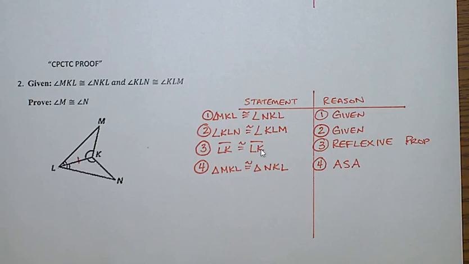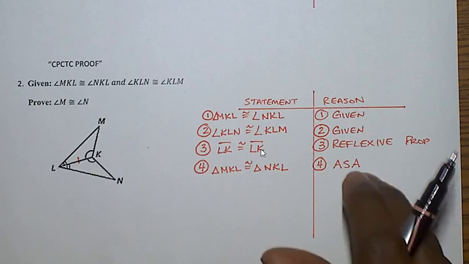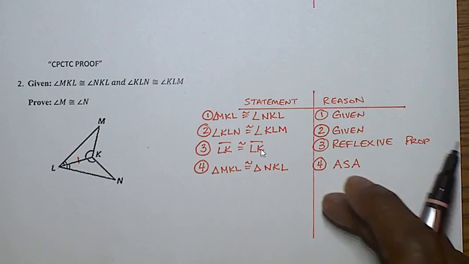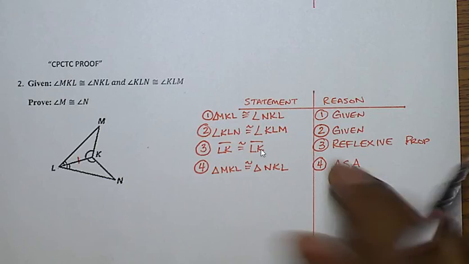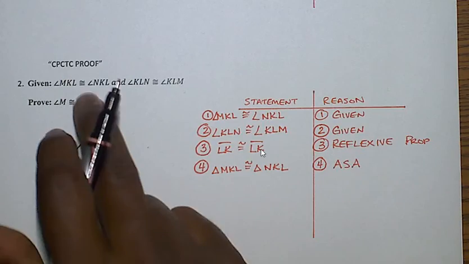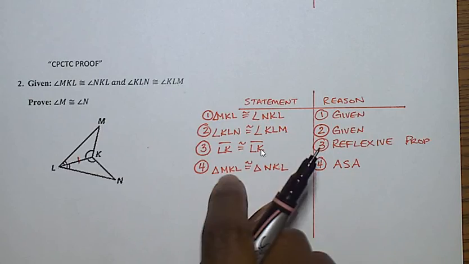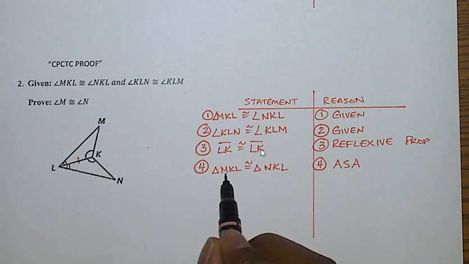All right. So now we've proved these two triangles are congruent, and that's what we need in order to use CPCTC. Now we don't just use it because it's fun to say. We use it because we're proving two corresponding parts of these triangles are the same. Our congruent statement is triangle MKL is congruent to triangle NKL.